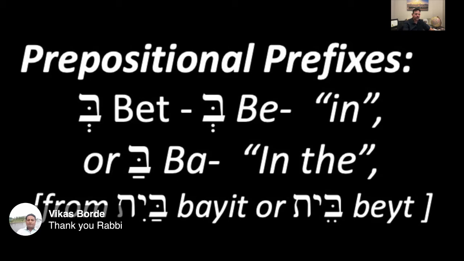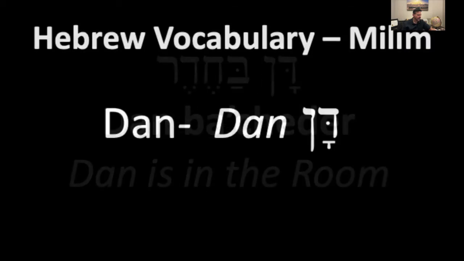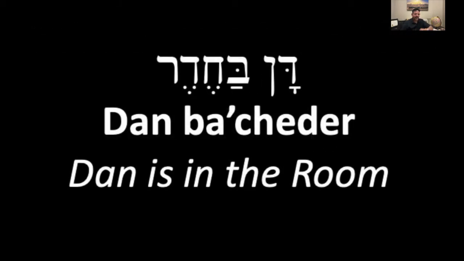So, when we see that this beit is used as a picture of a house to refer to that which is in the house, you can see how that is coupled with the word cheder, and now with the name Dan, we can add that and say Dan bacheder. What does that mean? Dan is in the room.